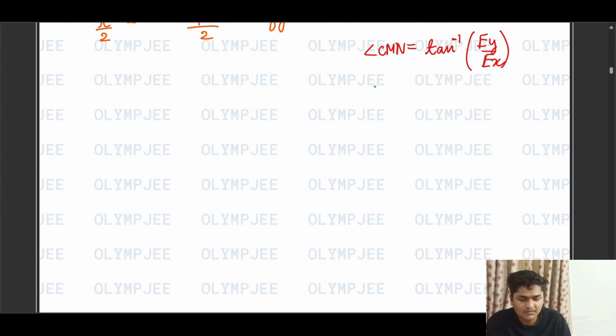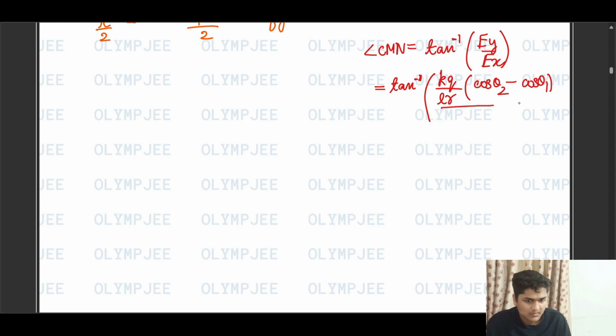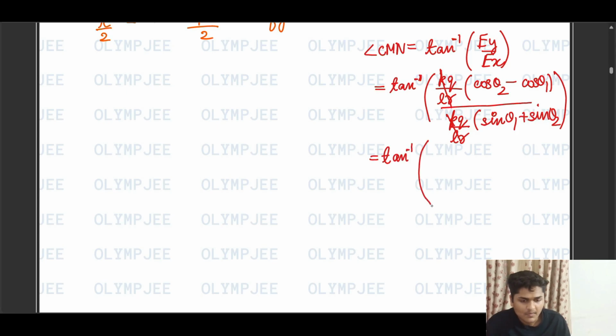Let us substitute the values of Ey and Ex. Cancelling out the common terms, we get, sorry, this was sine, I exchanged the terms by mistake.